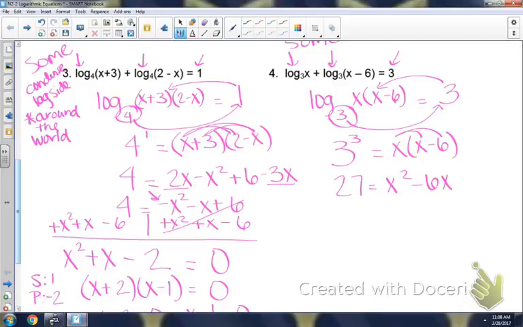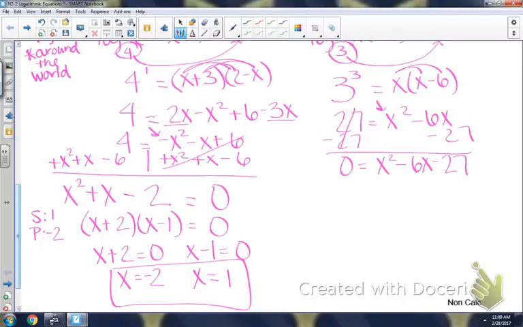So notice again we have a quadratic equation that we're solving from here. So we need to set it equal to 0, choose whatever method you want. I'm going to factor or see if I can factor it. Notice my x squared term is positive, so I don't want to move that. I'm going to subtract 27. So I have 0 equals x squared minus 6x minus 27.